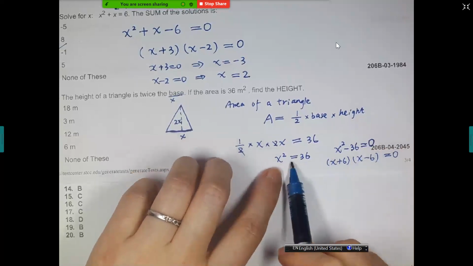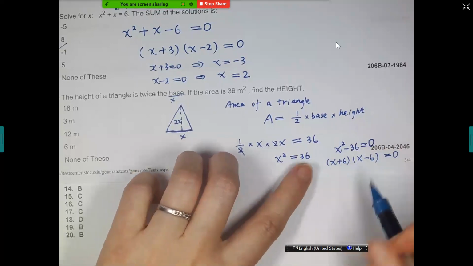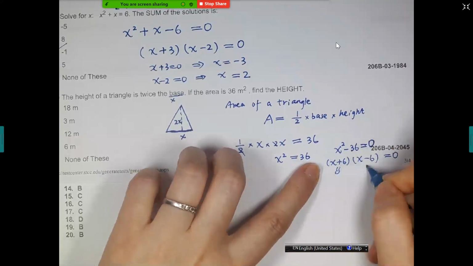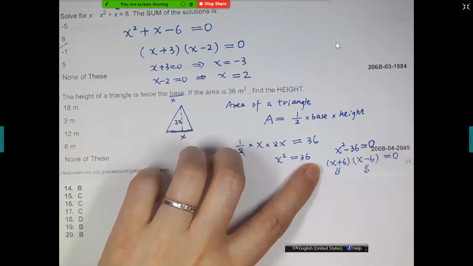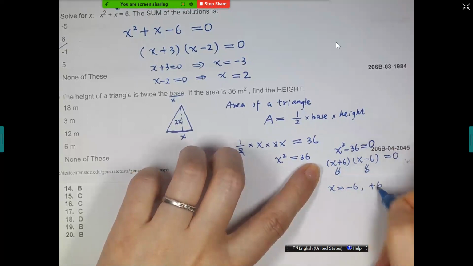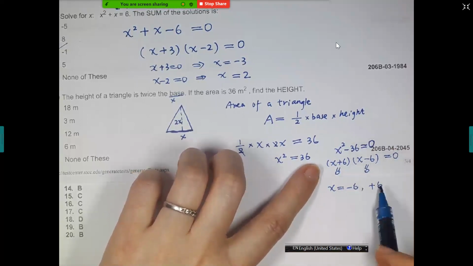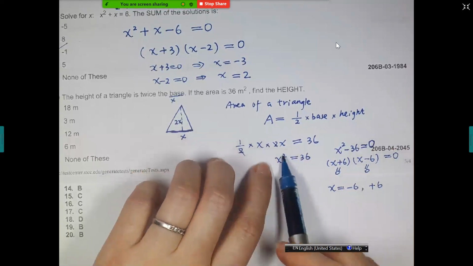To solve this quadratic equation, we'll have those two binomials. Then either one is 0, so this one is 0 or the other one is 0. What do we get? We get x equals -6 or +6. Those two solutions are the solutions to that equation.